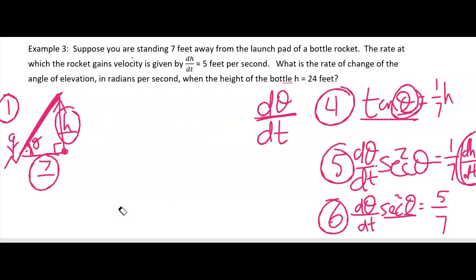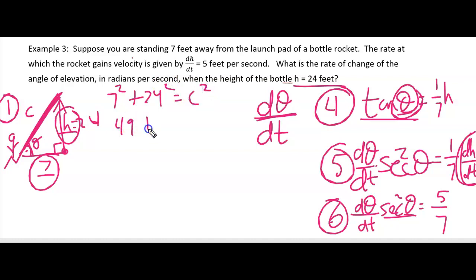Now, since it is a right triangle in this case, we are going to use the Pythagorean Theorem. We want to pay attention to the moment when h equals 24. Okay, and what I want to find is, we'll call this c, the hypotenuse. So we have 7 squared plus 24 squared equals c squared.